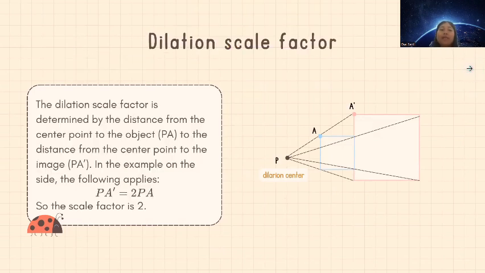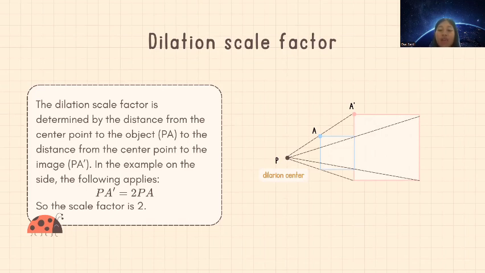The scale factor is the ratio of the distance from the center to the image point P' compared to the distance from the center to the original object P.